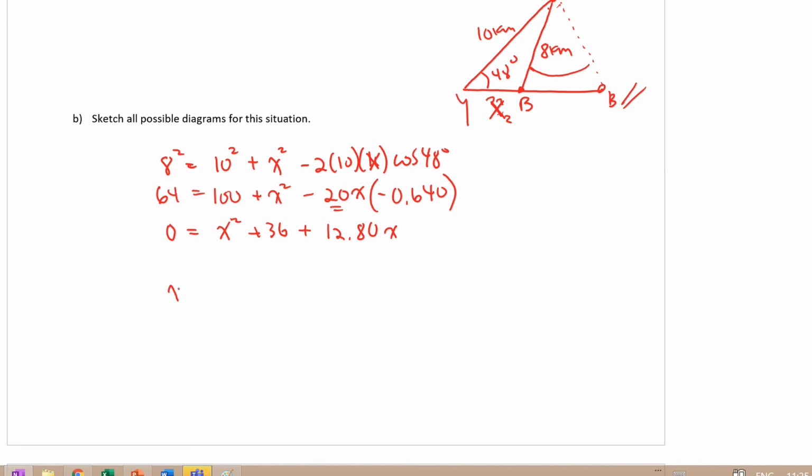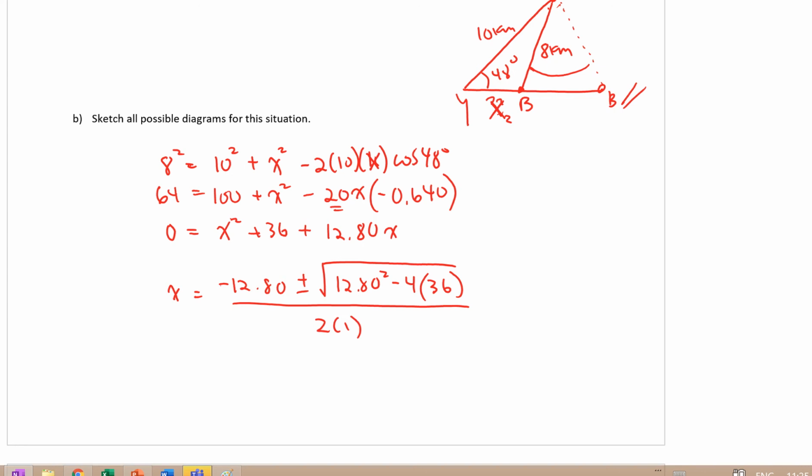So x is equal to negative 12.80 plus or minus the square root of 12.80 squared minus 4 times 36, all over 2 times 1.